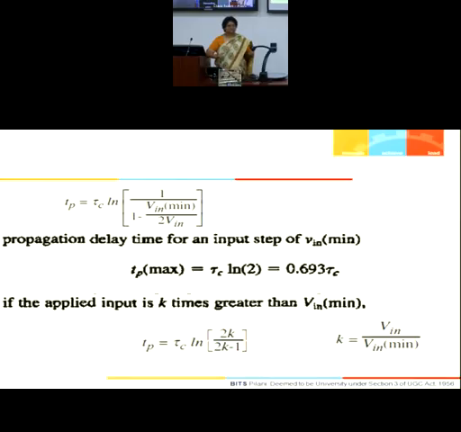Suddenly the difference between the two terminals changed from 0 to a V in minimum, that is a minimum input, that is the resolution. Clear? So this expression will give you the maximum propagation delay.